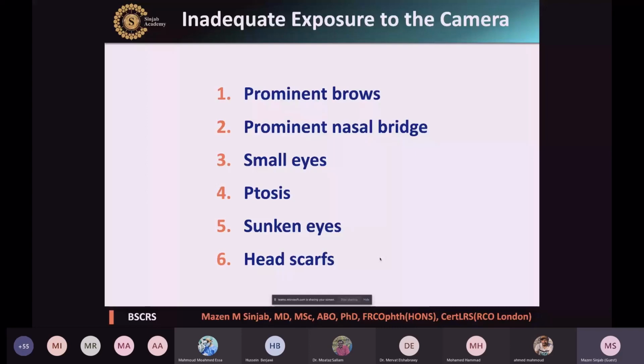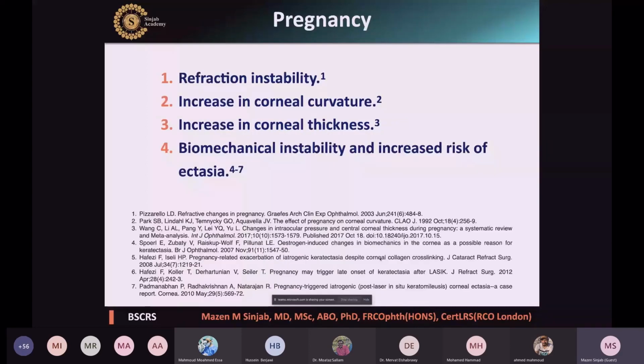Pregnancy is a main source of false positives because of refraction instability, increase in corneal curvature, increase in corneal thickness, and biomechanical instability and increased risk of ectasia.